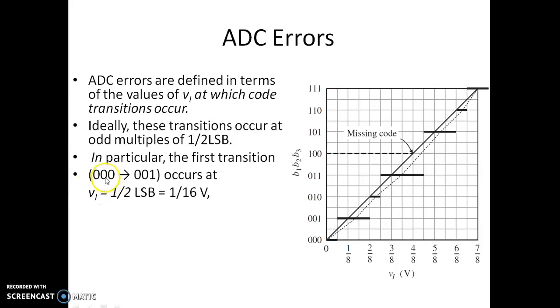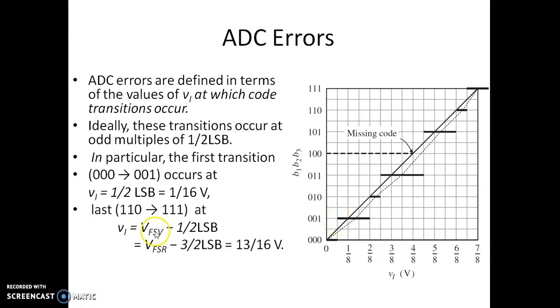There is a transition happening from 000 to 001 when the input voltage is half LSB. See here, when the input voltage is half LSB, which is 1 by 16, output is changing from 000 to 001.